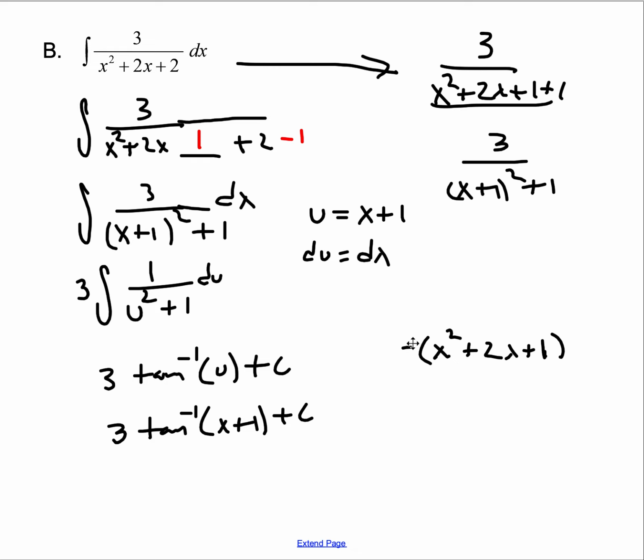So this negative 1 here makes it as if I added a negative 1. So I have to balance that out with a plus 1. All right, so just look out for that when you have to factor out a negative when you're trying to complete the square.